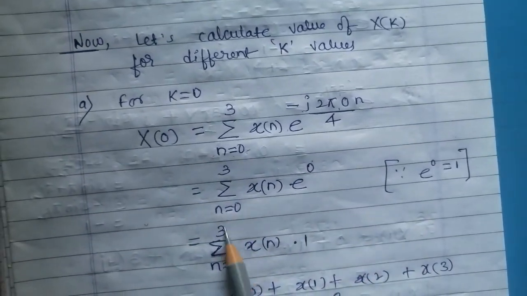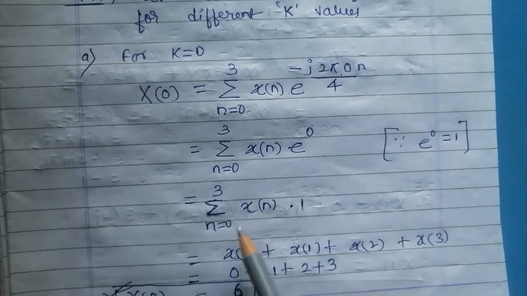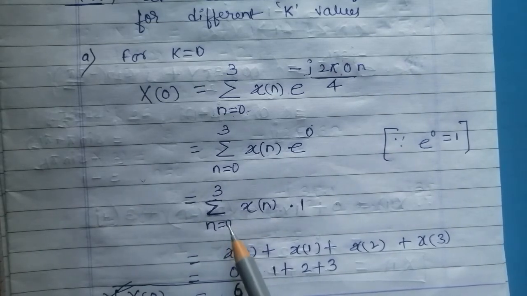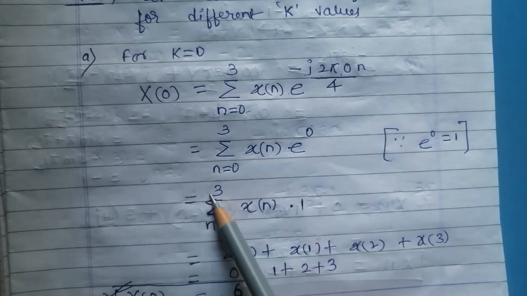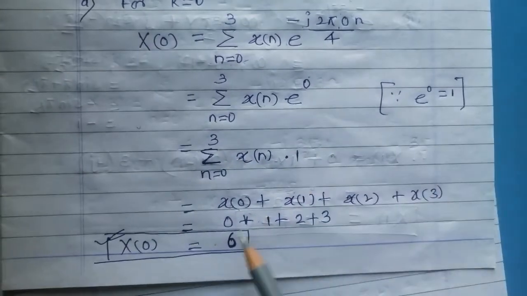Summation n equals 0 to 3 of x of n into 1. Now we have to place this x of n from 0 to 3 one by one. n is starting from 0, so x of 0, then the next value is x of 1, x of 2 and x of 3, up to this much only. So we have expanded this summation and written it like this.